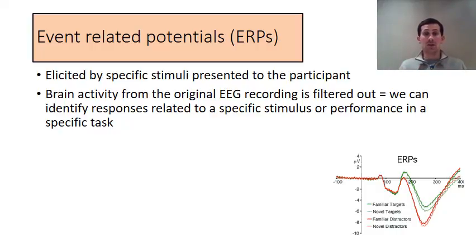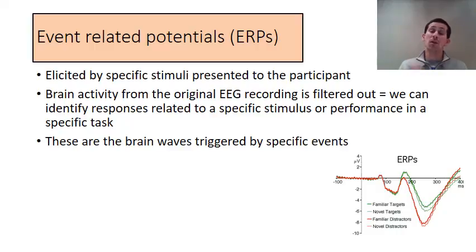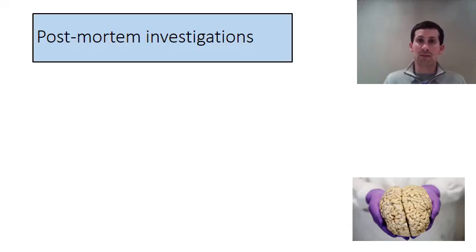With this ERP, we present them with a specific stimulus. It might be a loud noise or flash of light, and we can zoom in on that particular section. When the light flashed, let's look at the brain activity at that particular moment. These brainwaves are triggered by these specific events.